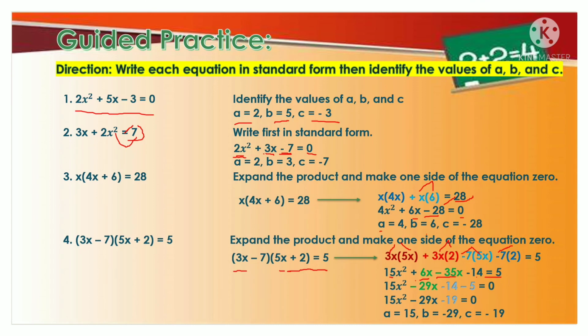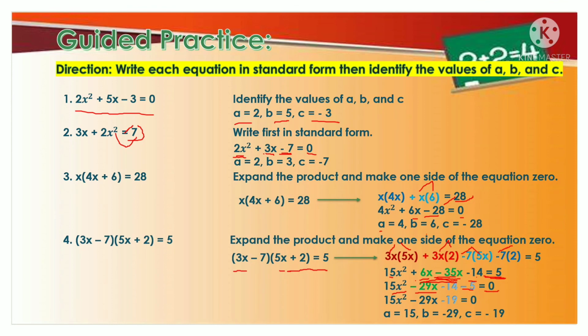So this time, let us combine 6x minus 35x since they are similar terms. So 15x squared, and 6x minus 35x is negative 29x. And then minus 14. Move positive 5 to the other side and it will become negative 5 to make the number after the equal sign 0.